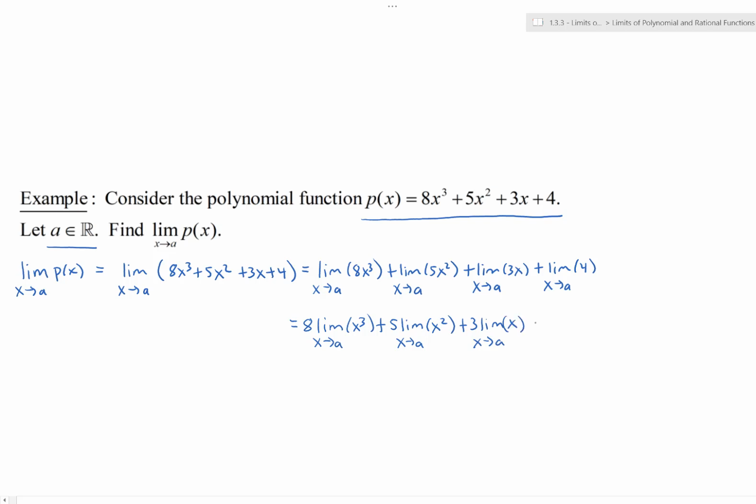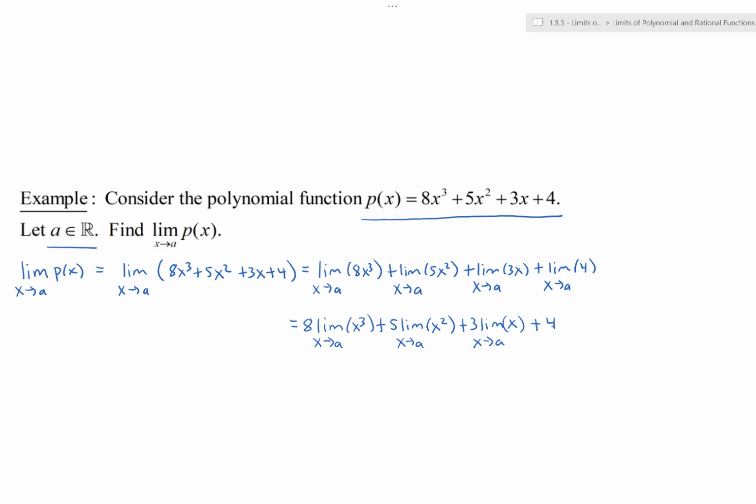And remember from a previous video, we saw that the limit of a constant is that constant. So the limit as x goes to a of 4 is just 4. We just used the constant multiple rule because each of the individual limits does exist here.